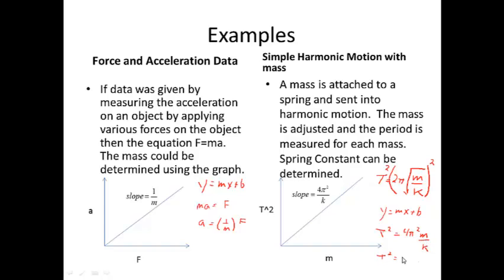I'm going to pull out the k. And then I got my mass. So I'm going to graph T squared versus m. I have that data, or I can calculate T squared. And I'm going to get a slope, and the slope of that line should be 4 pi squared over k, and then I can solve for k that way. So those are two examples.